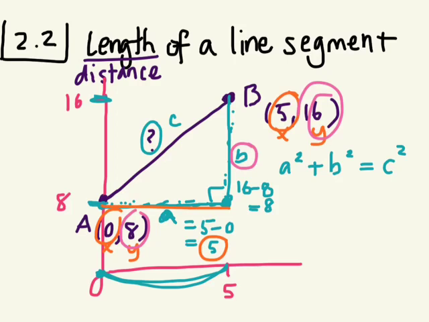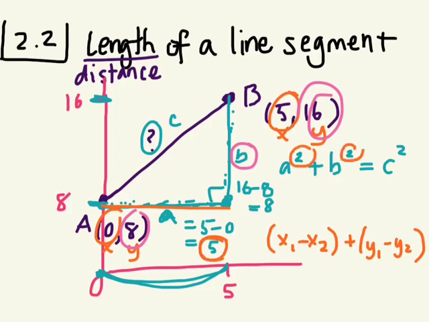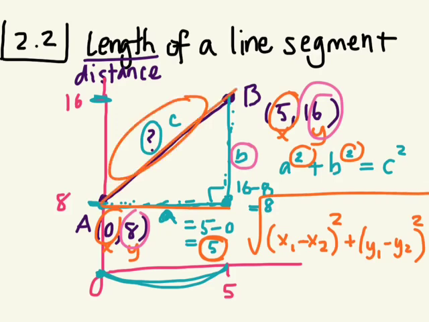But then what do we have to do with that? What is Pythagorean theorem? We square those numbers, right? But then to get C, what do you have to do at the very end, Irvin? Square root. Square root, that's the distance formula. That will give us the distance from here to here.